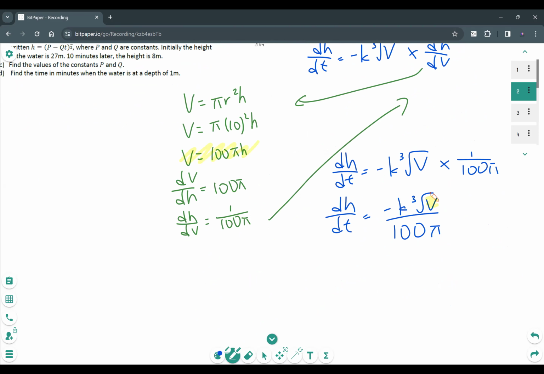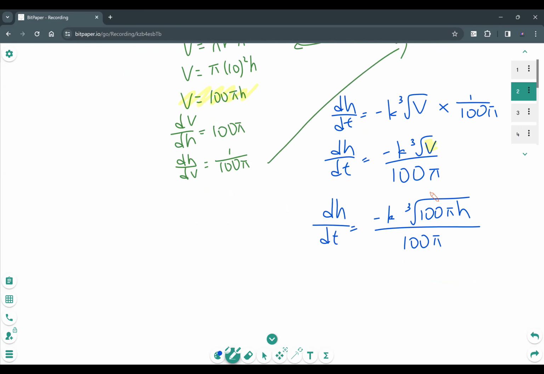So dh by dt equals negative k times the cube root of 100 pi h, over 100 pi. The question just wants the cube root of h, so we can split out the cube root of h. So it equals negative k times the cube root of 100 pi over 100 pi, times the cube root of h.